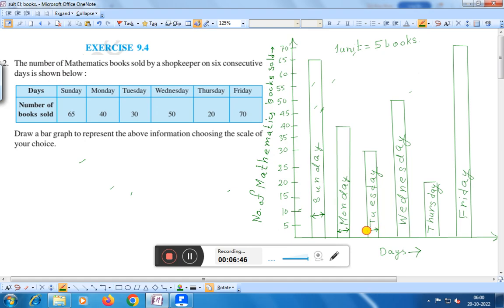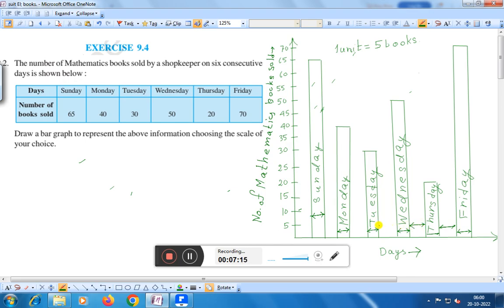In the graph paper you have to draw bars with the same width, and the gap between the bars should also be the same.